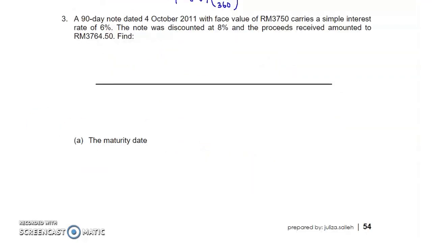Okay, now let's look at number 3. A 90-day note dated 4th October 2011 with face value of 3,750 carries a simple interest rate of 6%. The note was discounted at 8% and the proceeds received amounted to 3,764 ringgit 50 cents.